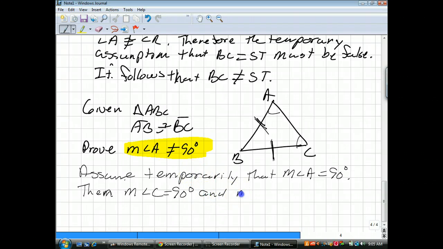And measure of angle A plus measure of angle B plus measure of angle C is equal to 90 plus measure of angle B plus 90, which is greater than 180.